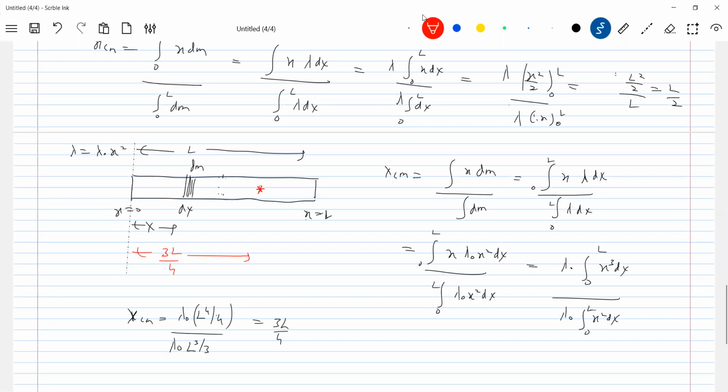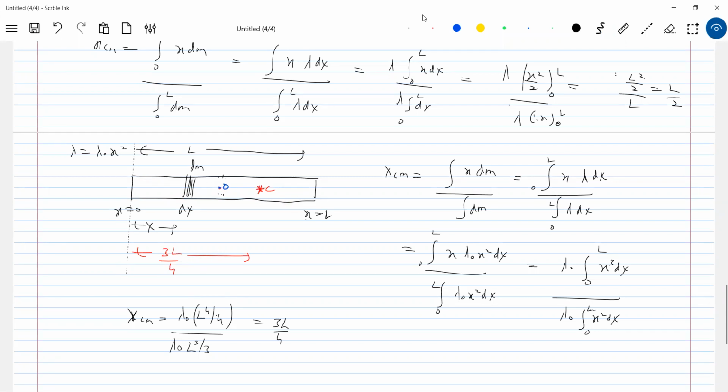Let me define the midpoint O. O is the midpoint of the rod. Where does it lie? It will be on the right side of the midpoint. Any reason? Because more mass is present in the second half than in the first half. So the center of mass should lie on the right side of the midpoint of the rod.